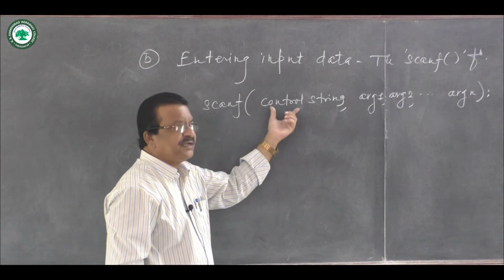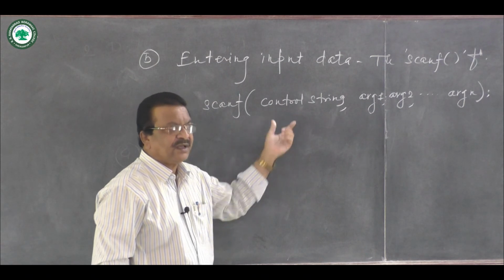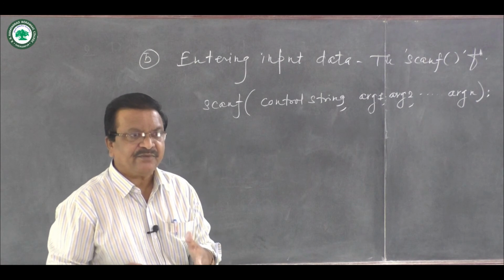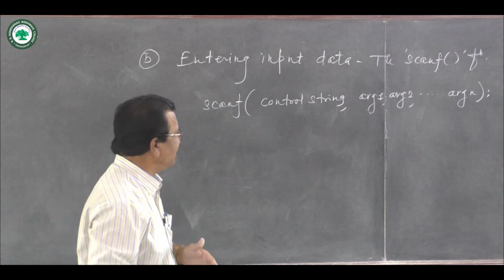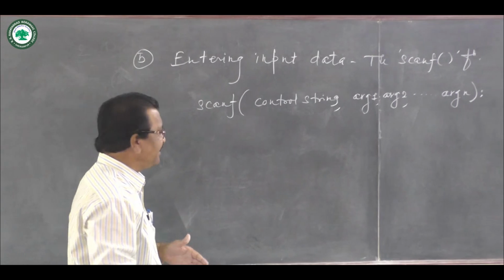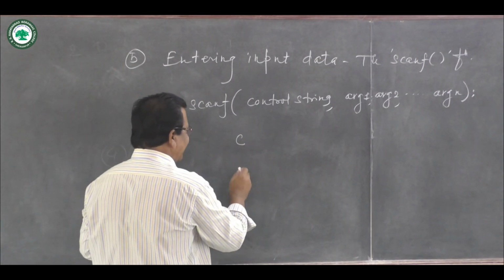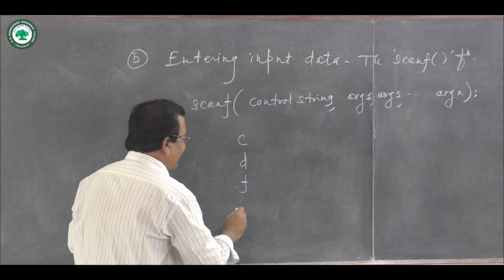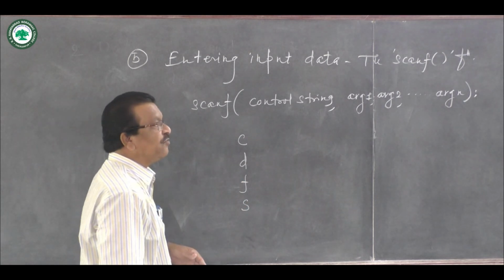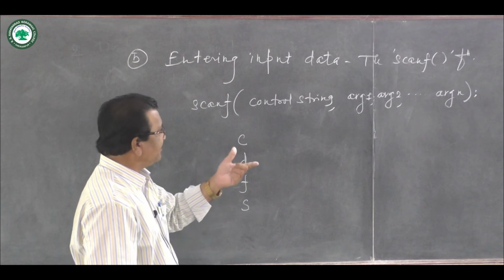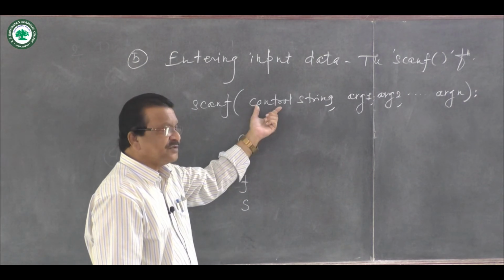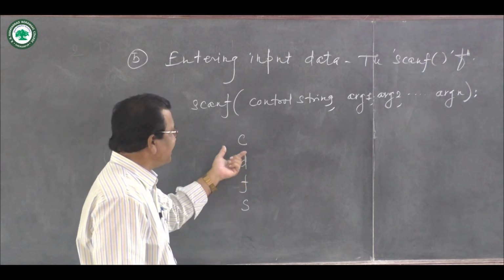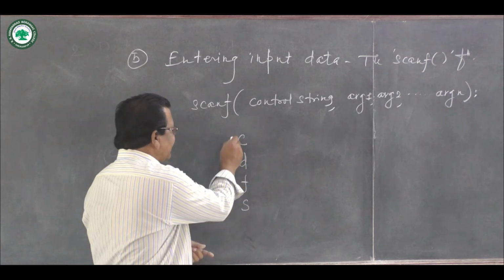The control string consists of character groups which are % followed by a conversion character. So we have 4 conversion characters: C for single character, D for decimal integer, F for float, and S for string. Each character group is % followed by a conversion character.